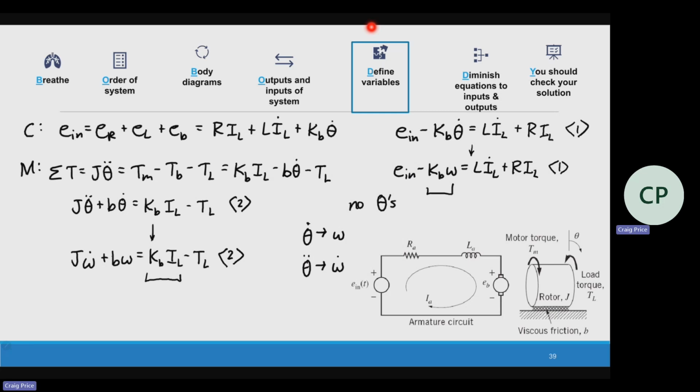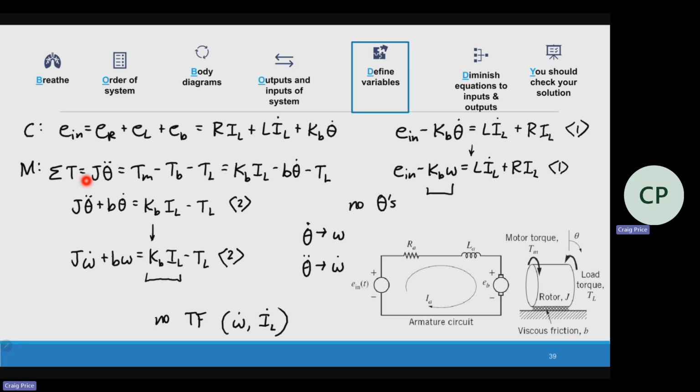Can we make a transfer function? You talked about substituting. I can't really substitute because that's going to give me two different derivative terms. So we're just going to leave it as is. There's no transfer function. It is linear, but we would have both an omega dot and a current dot, and there's not really a way around that. I can't really solve for just one because there's feedback from one to the other.